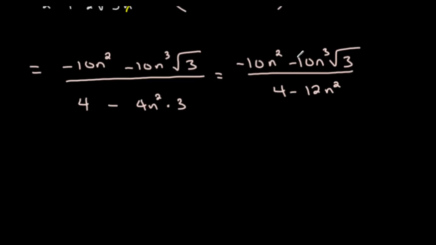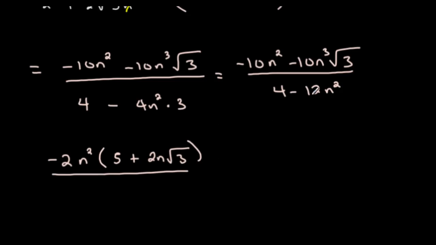So in my numerator, I can factor out a 2 or a negative 2 if I wanted to. So I can factor out negative 2 here and an n squared if I wanted to. So 2n squared, leaving me with 5 minus, factoring out negative 2, 5 plus 2n radical 3 over my denominator here.